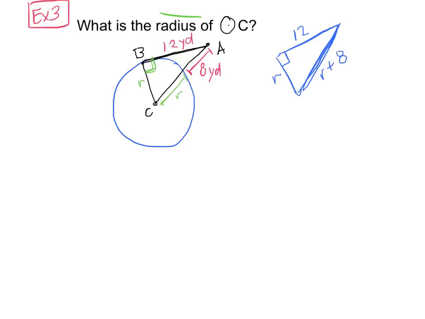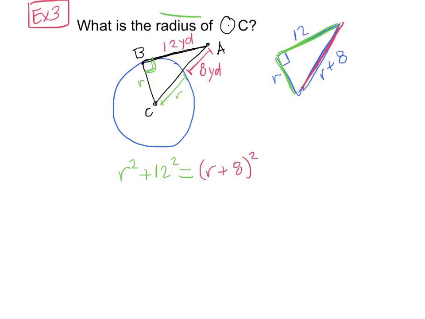So now I'm just looking at a right triangle, and I can use the Pythagorean theorem. This leg squared plus this leg squared should equal the hypotenuse squared. So that's r squared plus 12 squared equals (r plus 8) squared.